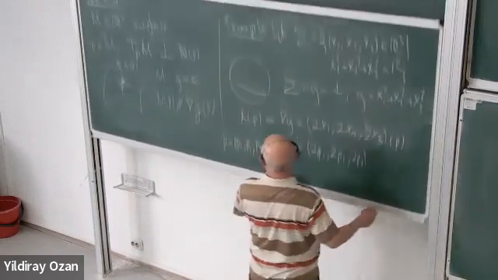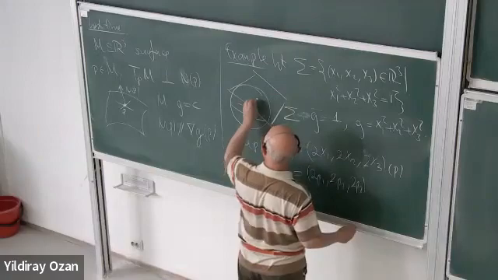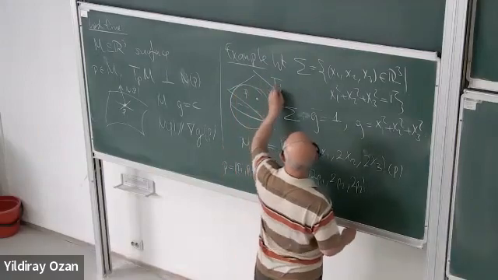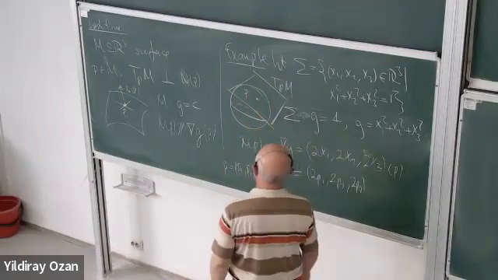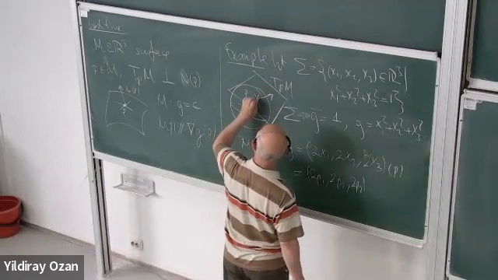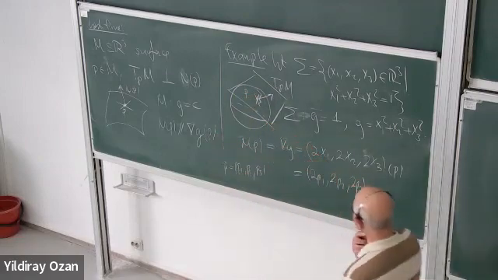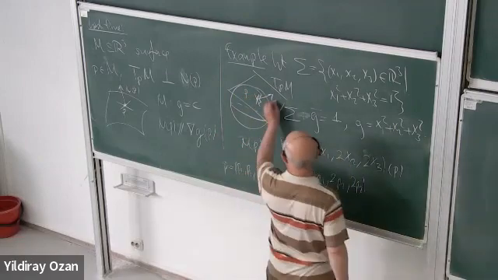Well, suppose we are at this point. So here is the tangent plane, okay? And this is the normal vector, the gradient.